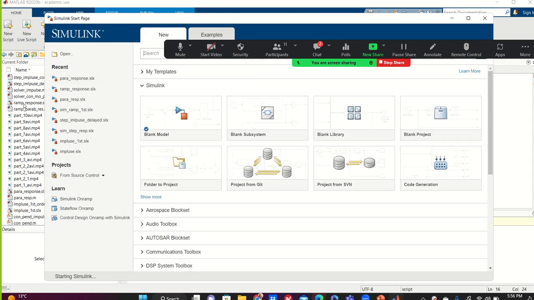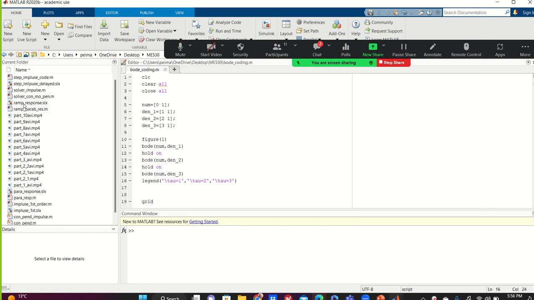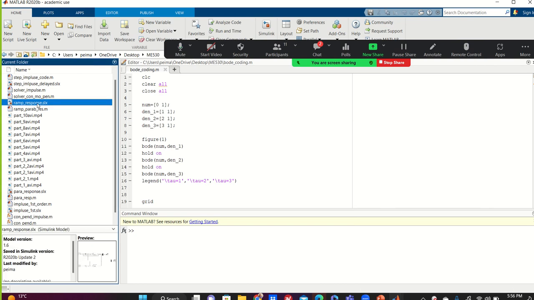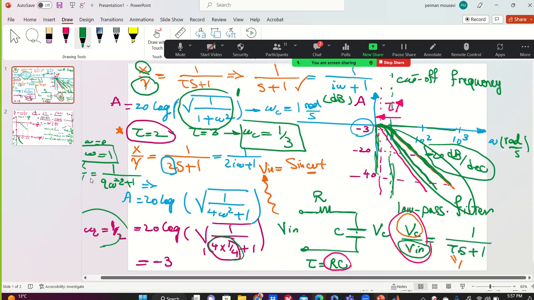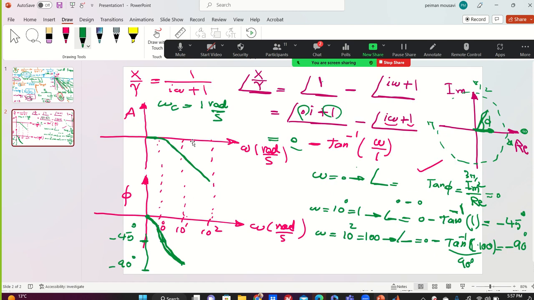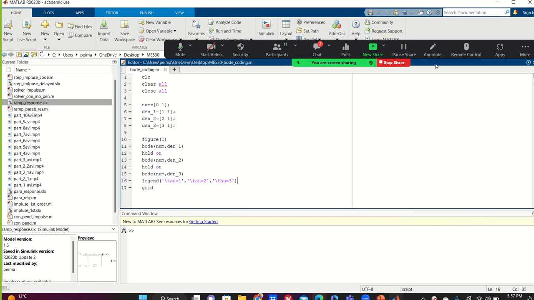Let me open the step ramp response to save time. I'm going to share this with you. There we go. I want to visualize these graphs both together for the low pass filter.